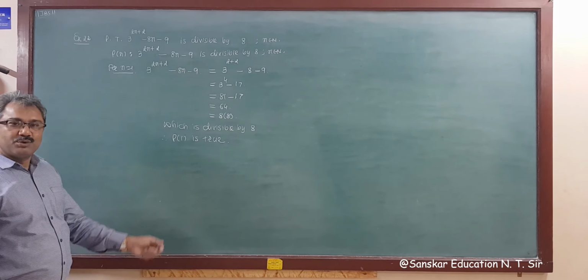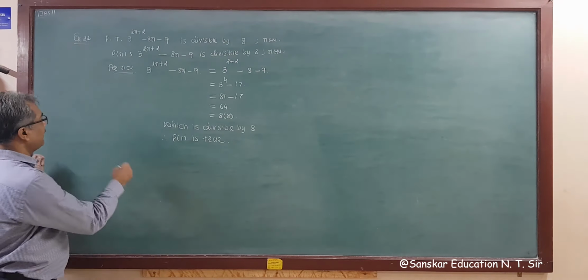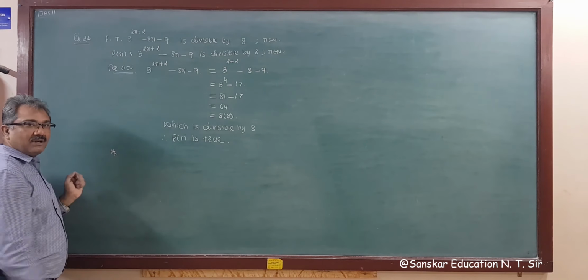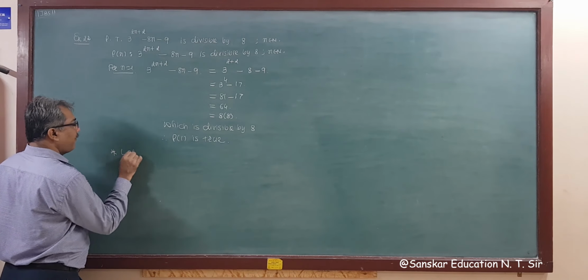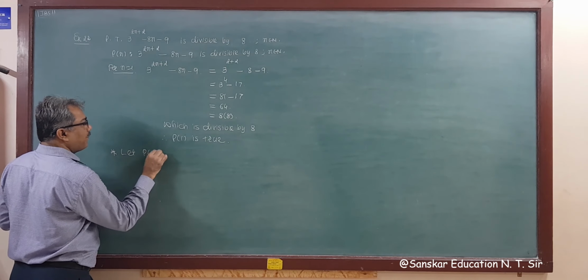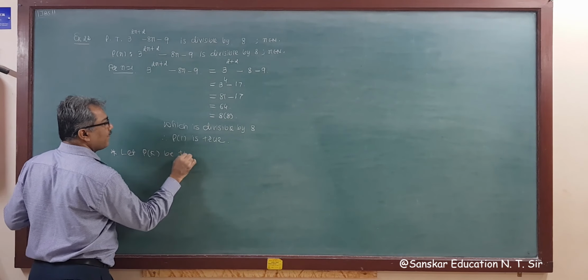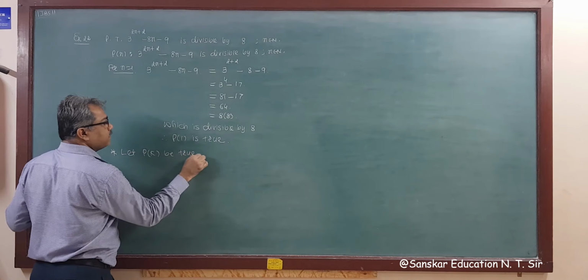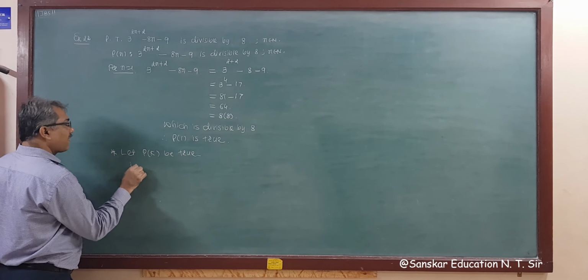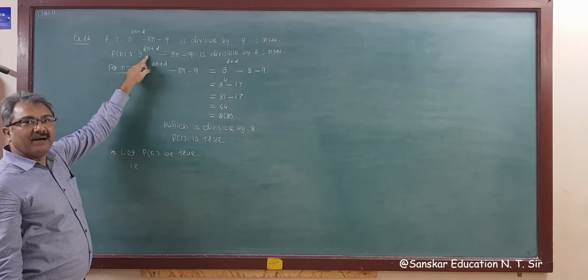Right? So similarly, next step, as usual, let Pk be true, that is, replace n by k.